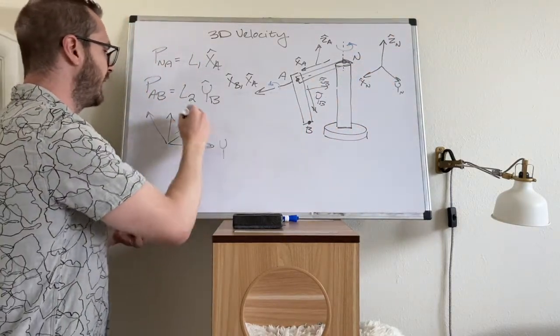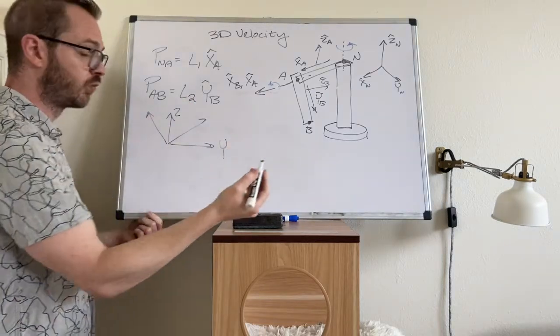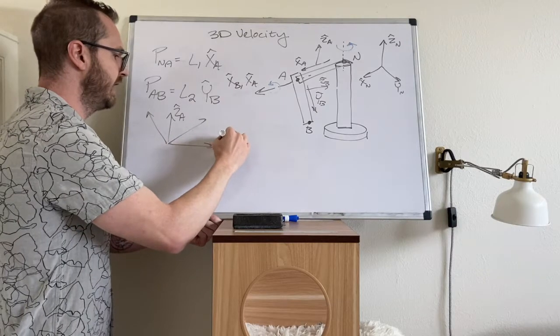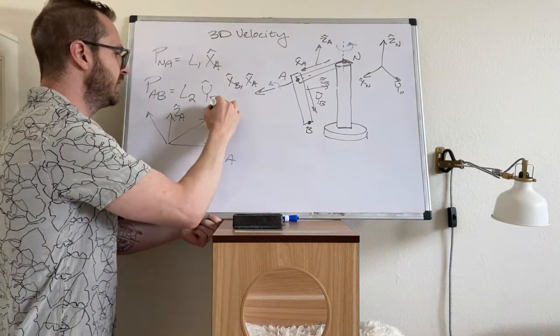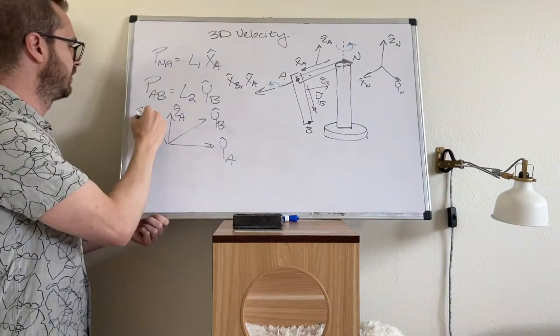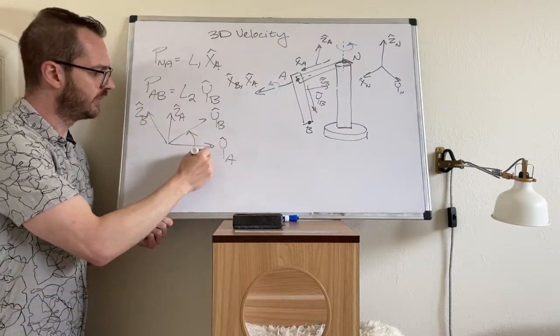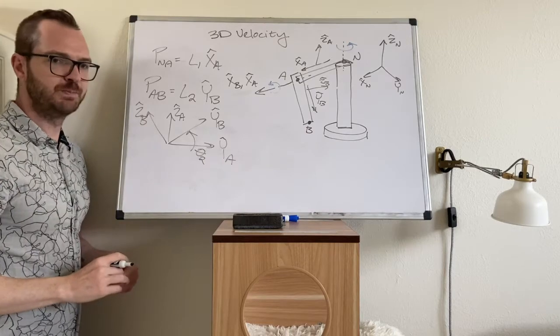So this is Y and Z. And since we're using relative angles, we need to go from the A frame, so YA ZA, to YB ZB. And the angle between them is theta 2.